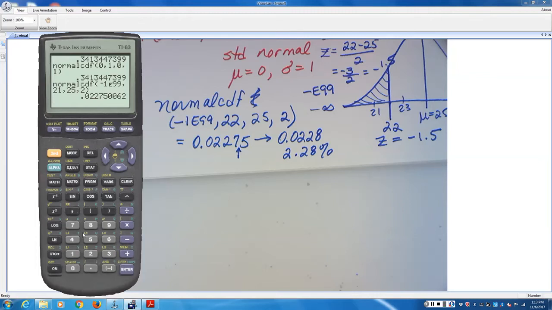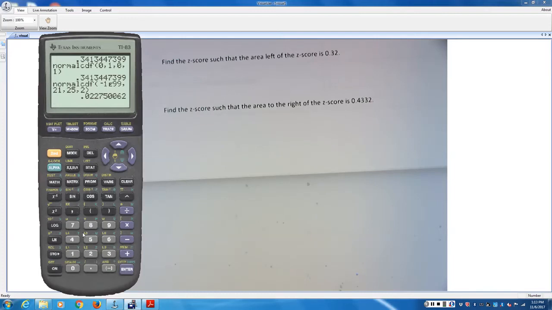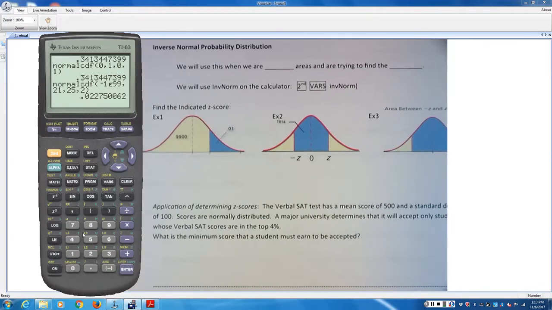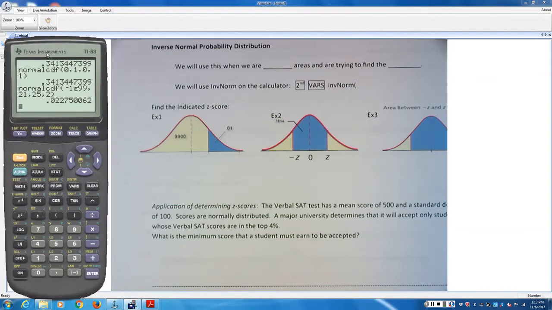Now we're going to learn inverse normal. So we're on the last page of the notes. We're going to talk about something called the inverse normal probability distribution. When you see the word inverse, you can think about the word reverse, which means we're going backwards.